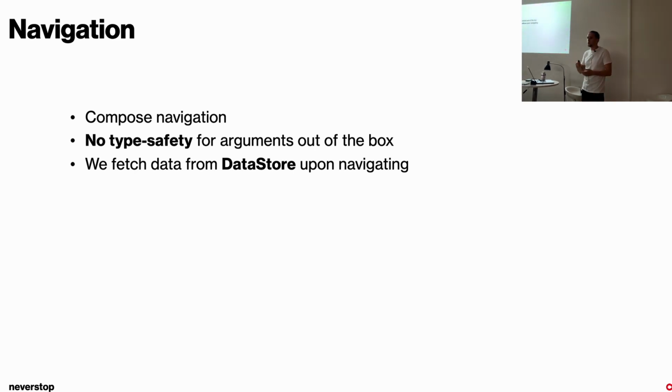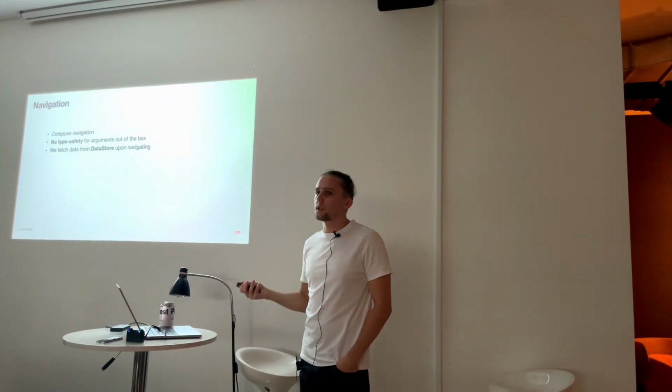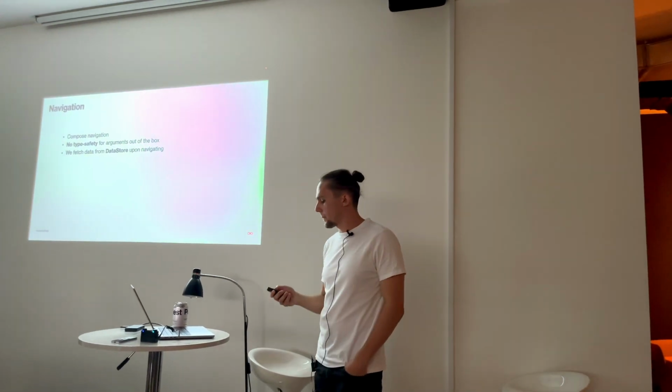We can argue which approach is better or faster, and of course the faster approach is with the arguments, but we didn't notice any loading. The time needed to load the data from the data store is unnoticeable for the user, so we decided that this approach works best for us.